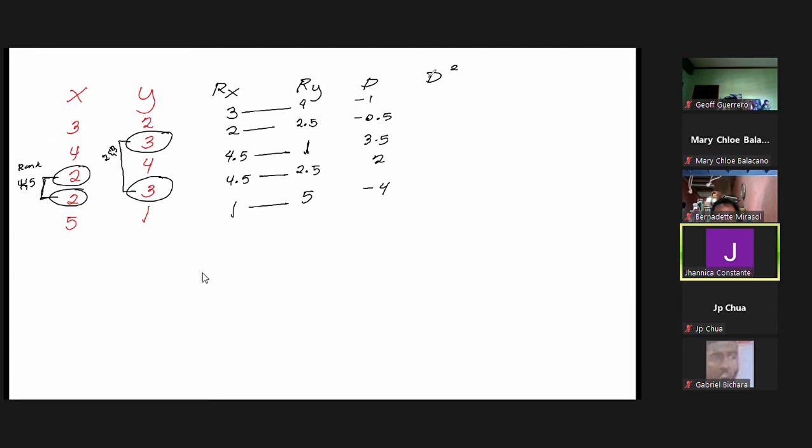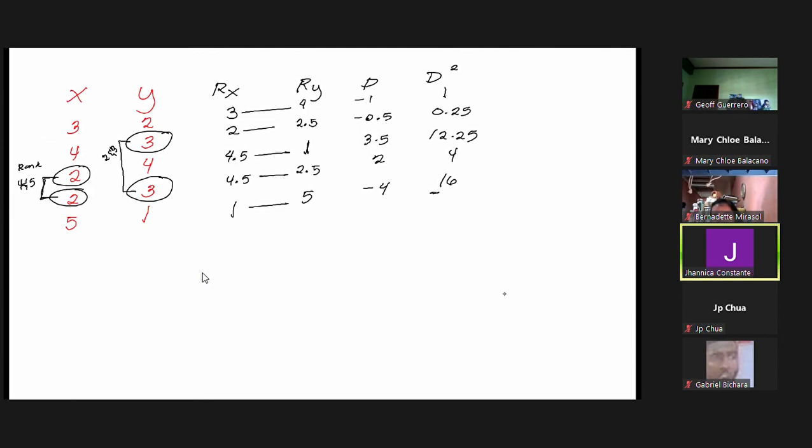Squared of the difference. So negative 1 squared is 1. Negative 0.5 squared is equal to 0.25. 3.5 squared is equal to 12.25. We have 4 and 16.